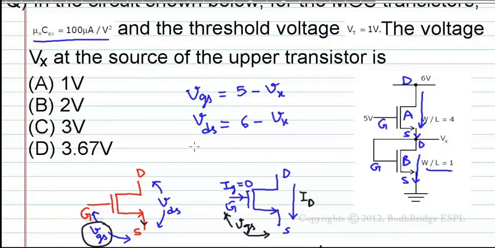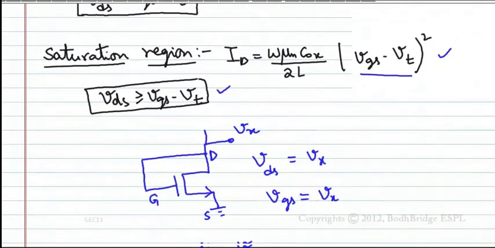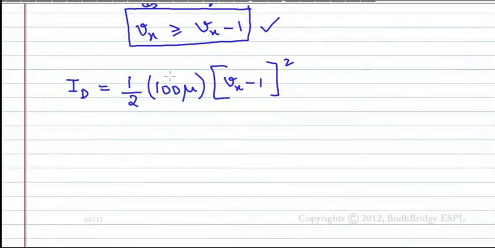Now check VDS greater than or equal to VGS minus Vt. VDS is 6 minus Vx, greater than or equal to 5 minus Vx minus 1, that is 4 minus Vx. Therefore, this condition is satisfied. This is also in saturation region. Transistor A is also in saturation region.